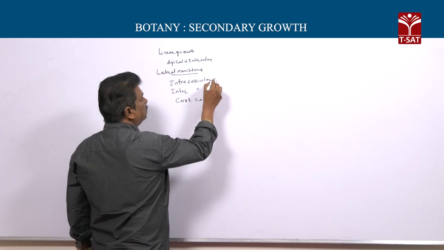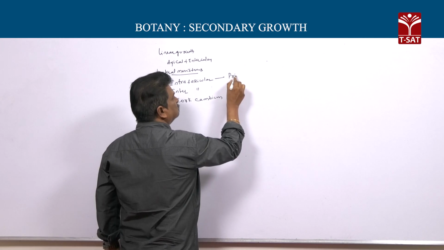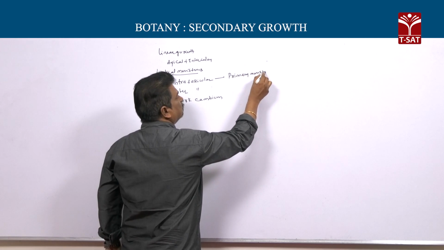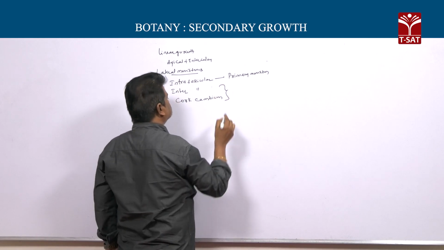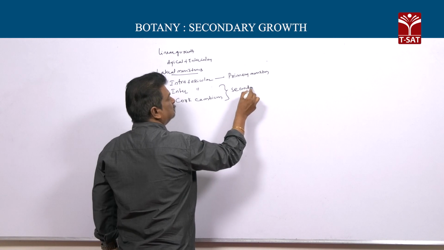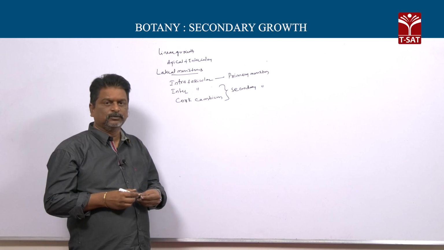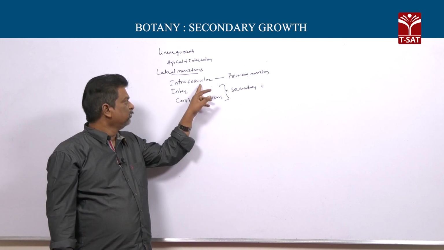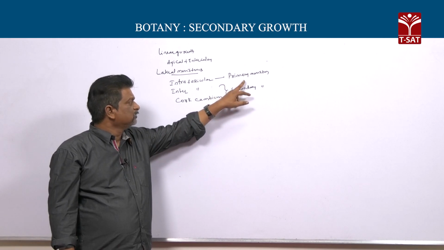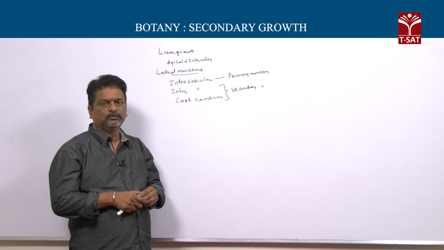Then point is, among these three, intrafascicular is a primary meristem, inter and cork cambium, these are secondary meristems. It means both primary and secondary meristems participate in secondary growth.